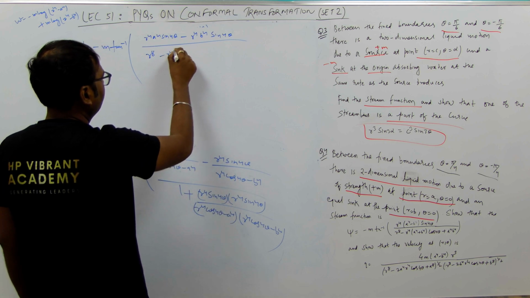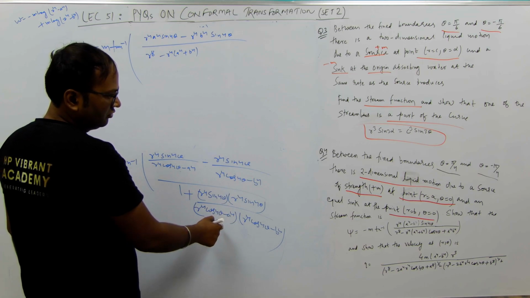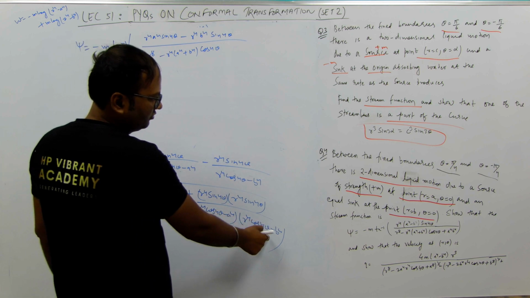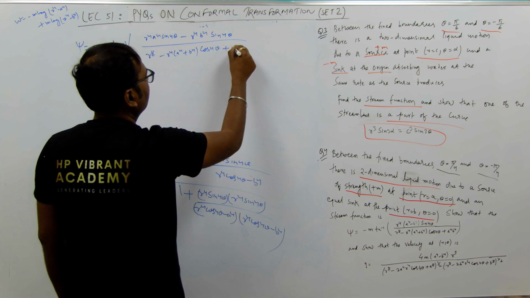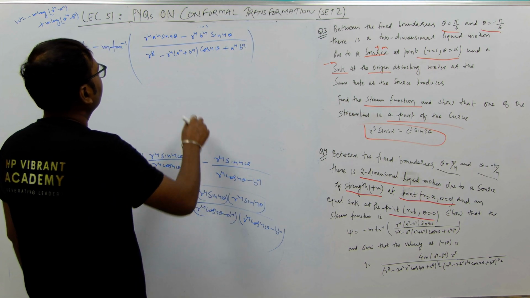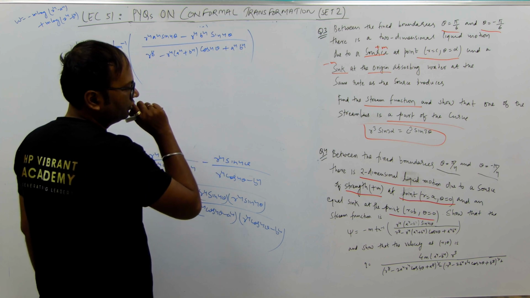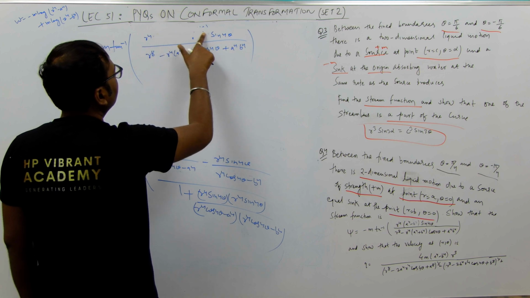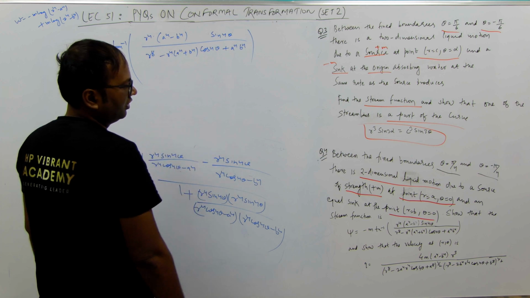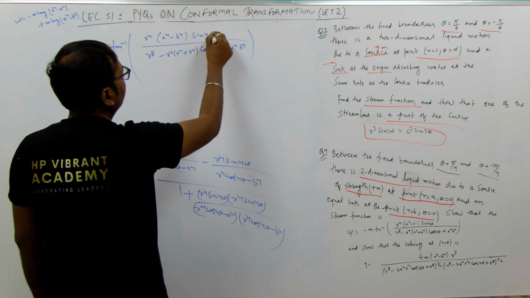So minus r^4 (a^4 + b^4) into cos 4 theta, and this is a^4 b^4. Okay, and we will take r^4 common, so r^4 into (a^4 - b^4) sin 4 theta.